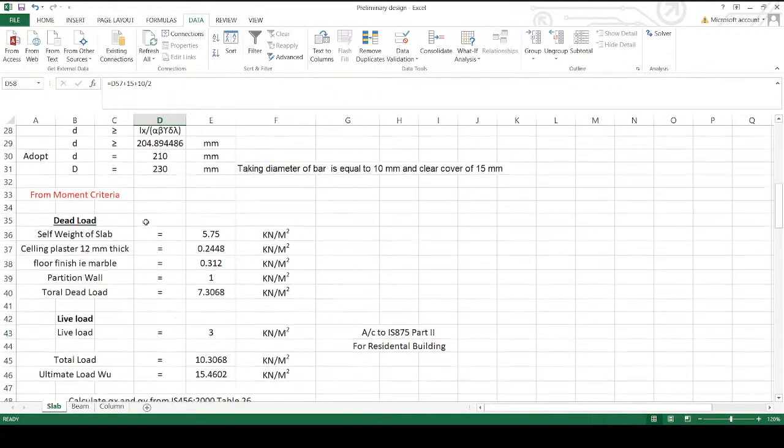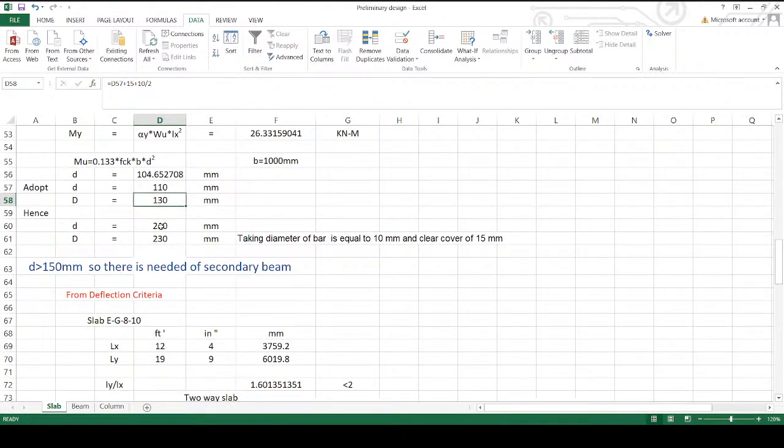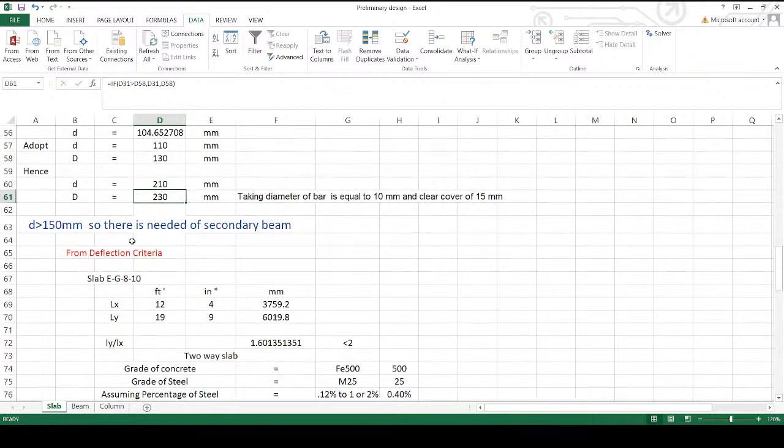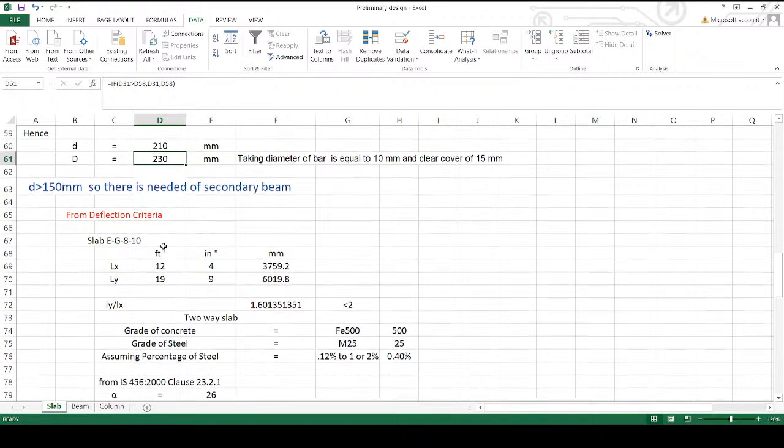Among the deflection criteria and moment criteria, whichever is the greater value we have selected. And here if the effective depth is greater than 115, that is 210, there needs to be a secondary beam. For the secondary beam, this process continues again.